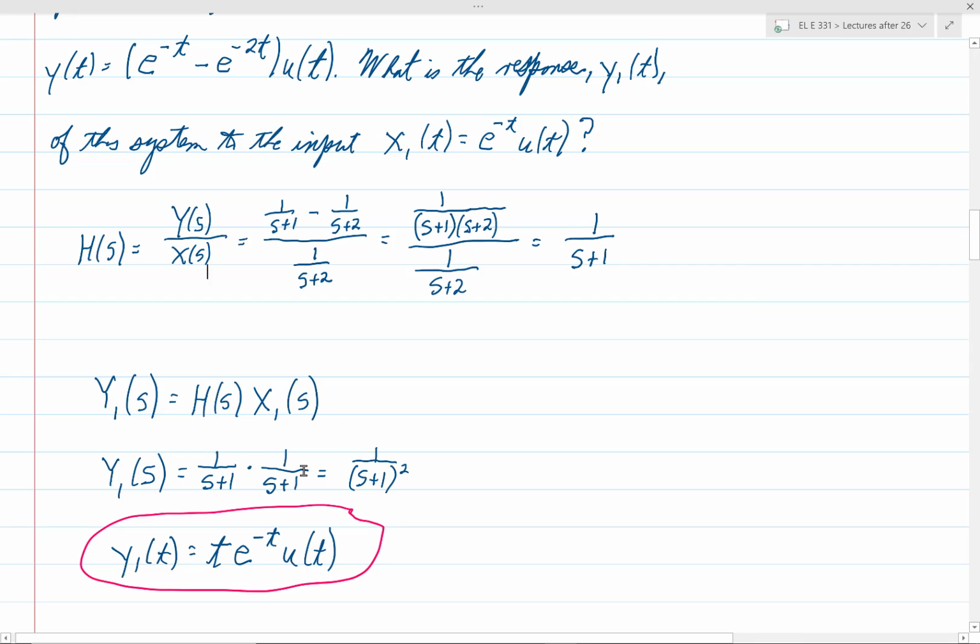And when we multiply them together, of course, we get 1 over s plus 1 squared. And we know that the inverse Laplace transform of that is t e to the minus t u of t. So that would be the response of this system to this input right here.